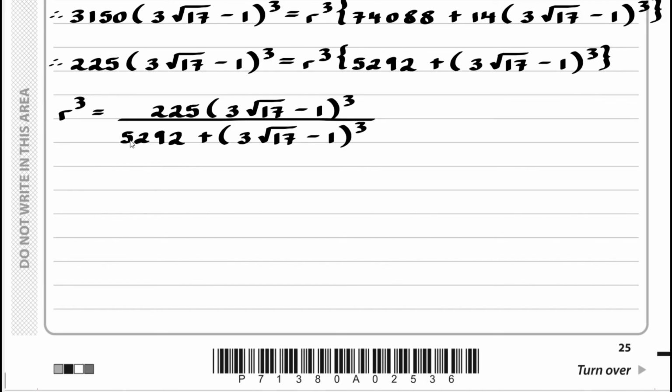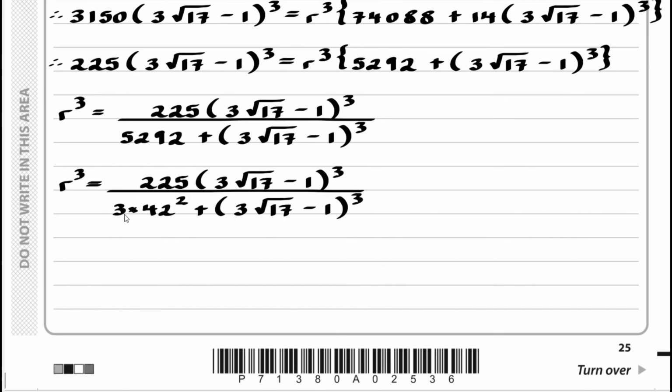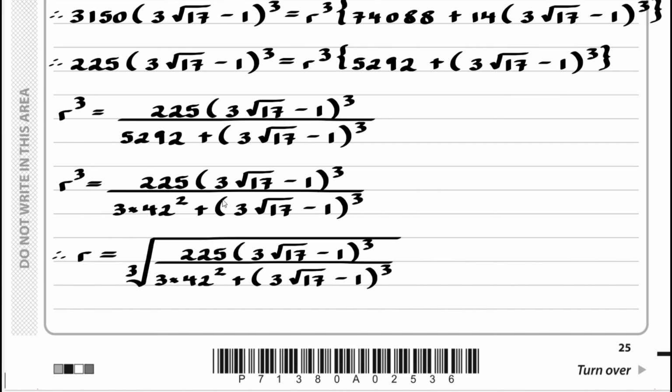And we can rewrite this term here as 3 times 42 squared. And if we now cube root, we end up with the cube root of 225 (3 root 17 subtract 1) cubed over 3 times 42 squared plus (3 root 17 subtract 1) cubed. So we see that p is 225 and q is 42.